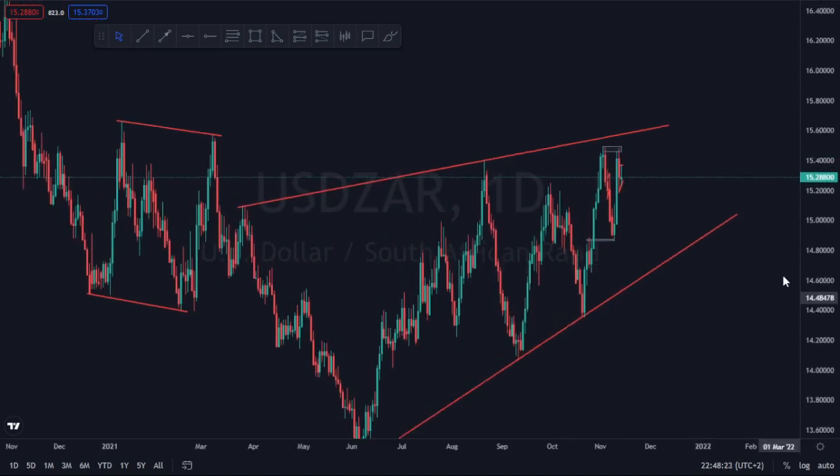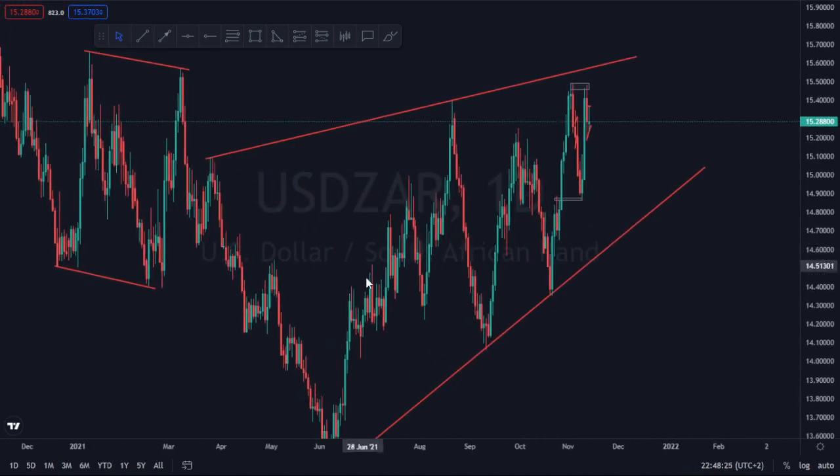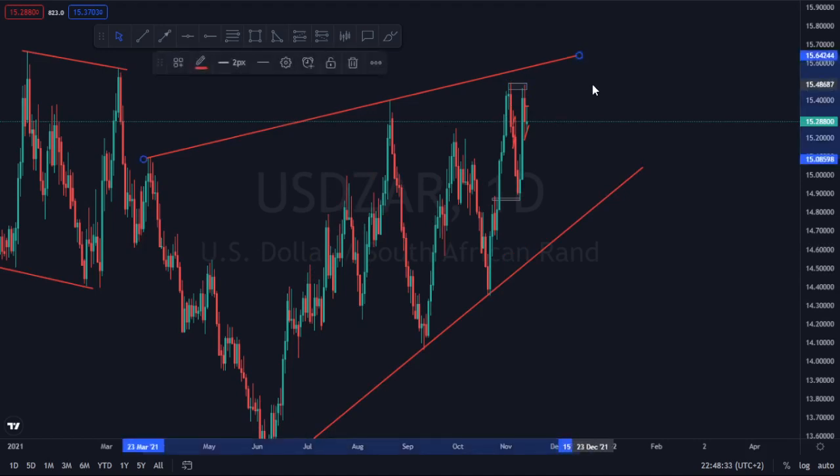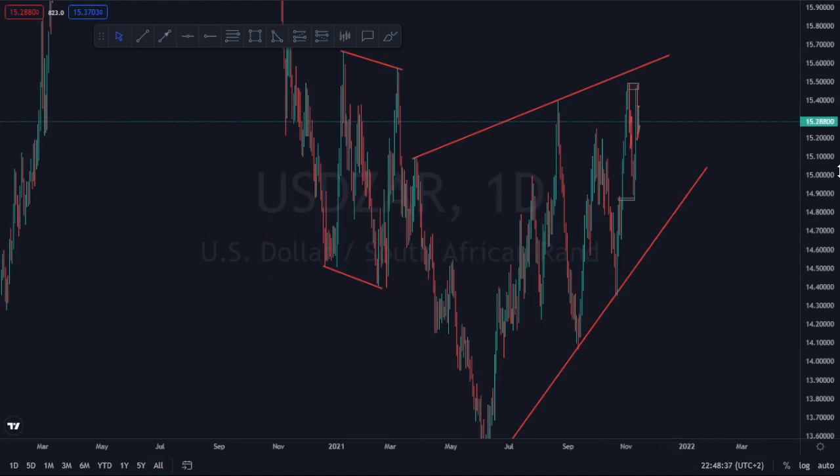So on the daily time frame, you can actually see, okay, this is a rising type pattern, which indicates continuation as well.